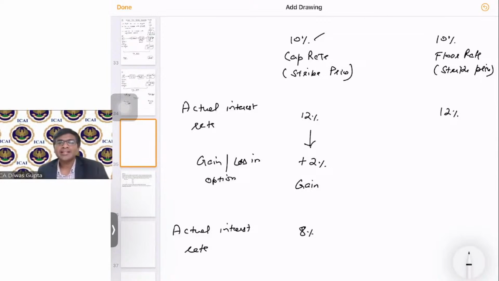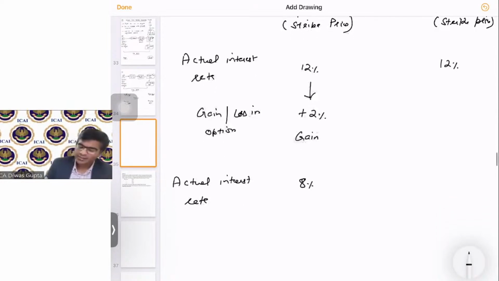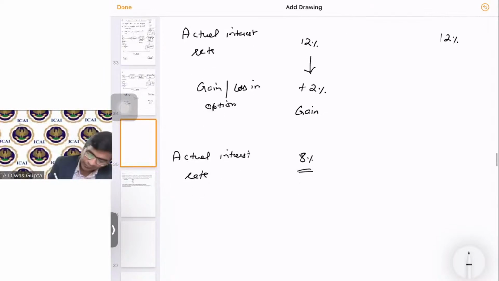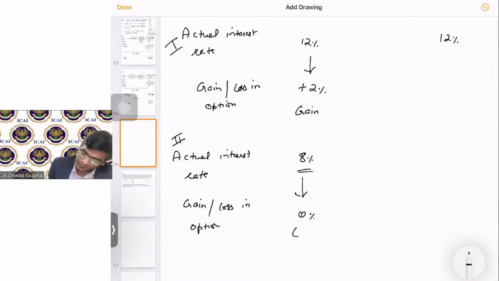So I will go to the market interest rate of 8% and borrow at 8%. So the condition of this option becomes unfavorable to me. I will not exercise the option. Gain or loss in the option in this case: so this is the first case and this is the second case. In this case, it will be 0%. NA, which is not applicable. I mean, the contract will not be taken out at all.